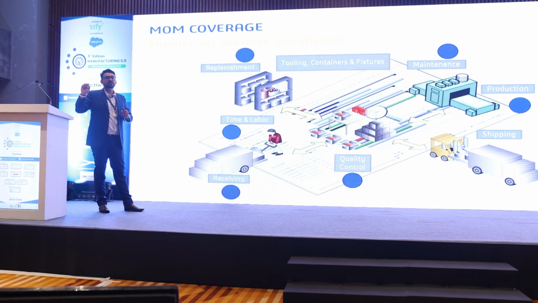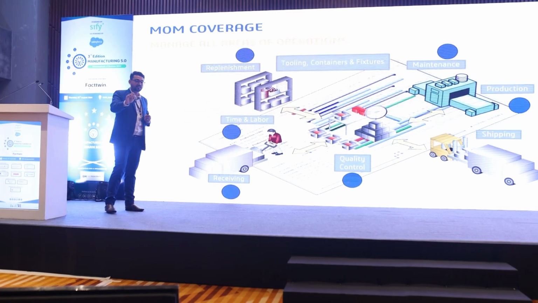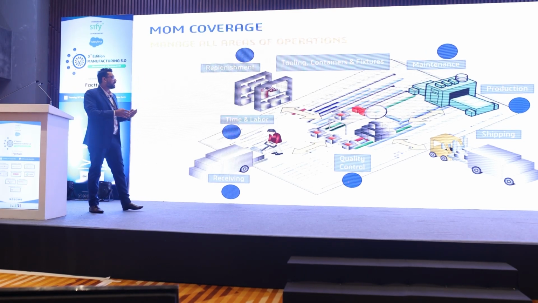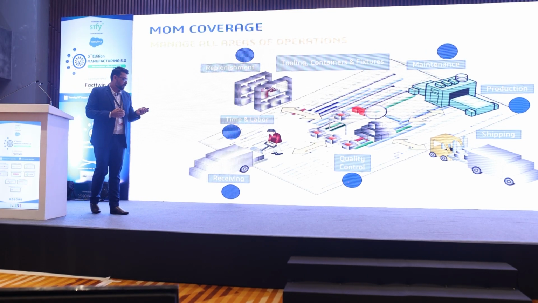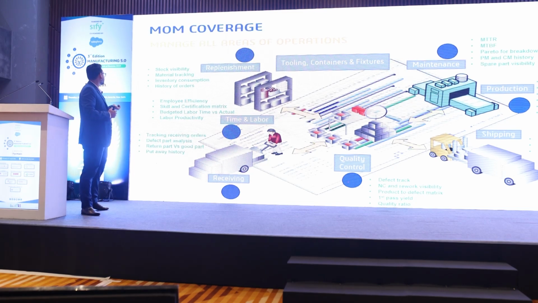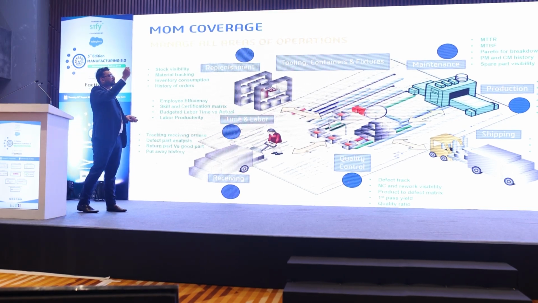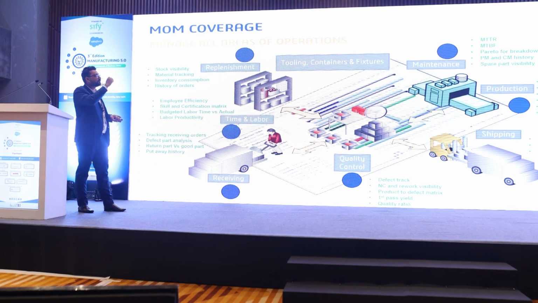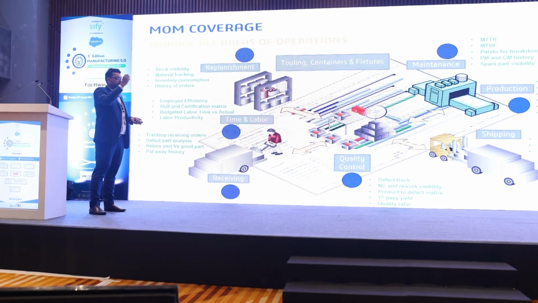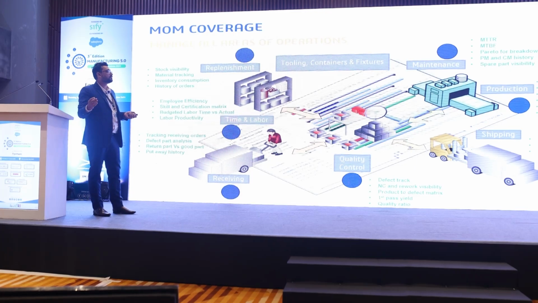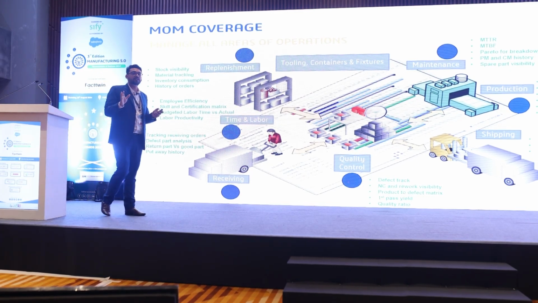You should be able to trace and track everything. And how will you do that? In every aspect, we can help you with some of the things. In your maintenance, all your preventive maintenance and annual maintenance can be done. Your spare part visibility and everything can be given. Your production, your OEE, OAD, WIP visibility, everything can be synchronized.